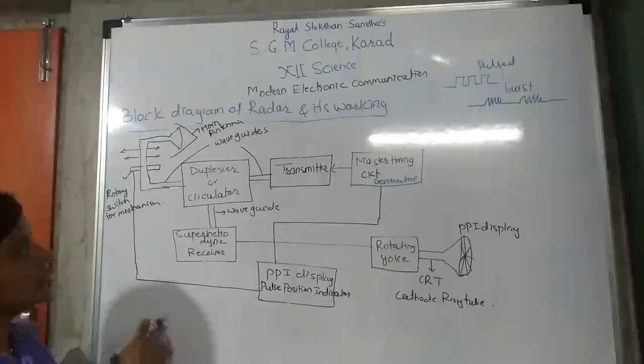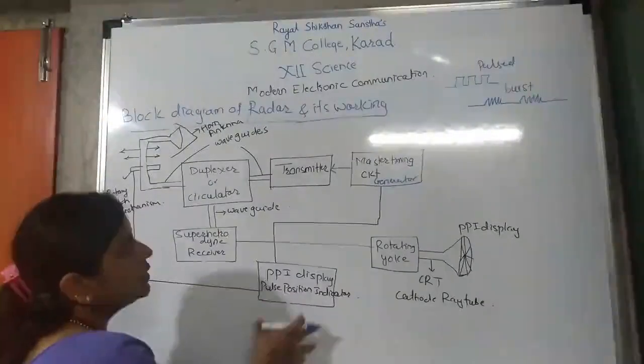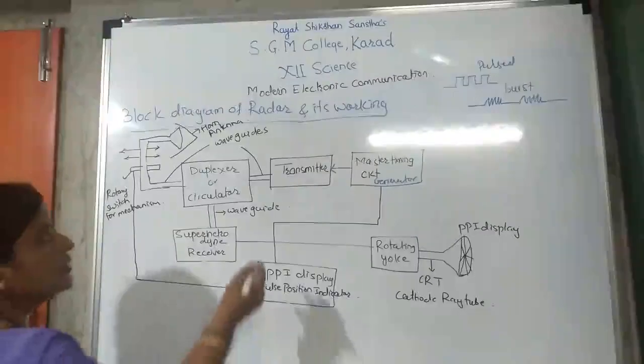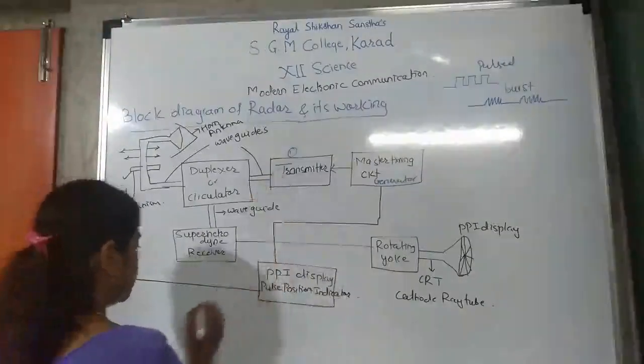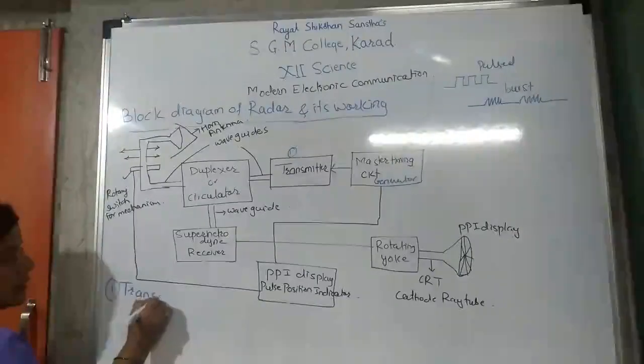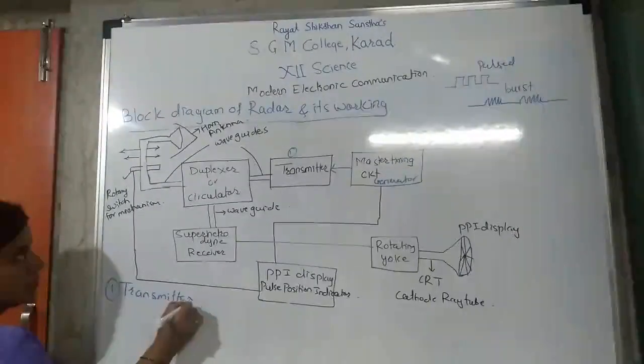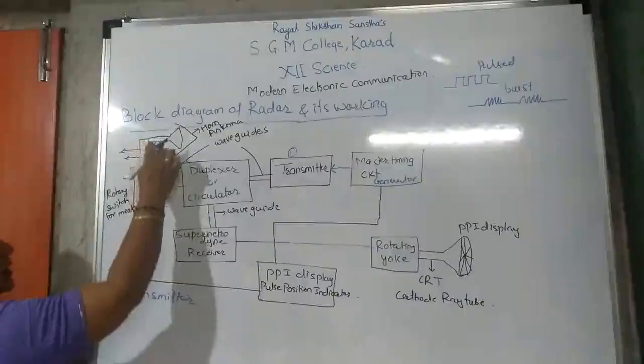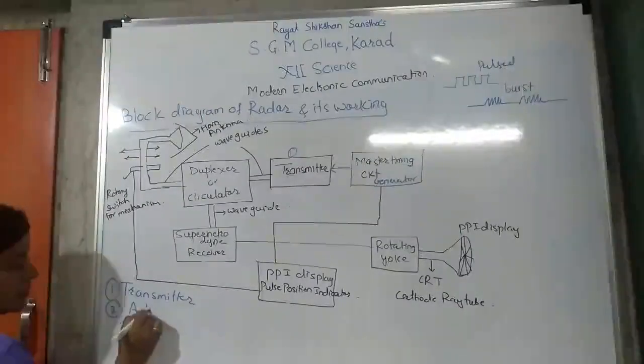This is the basic building block. The first block is the transmitter. The main blocks I will write here. First is the transmitter block. Second important block is the antenna.